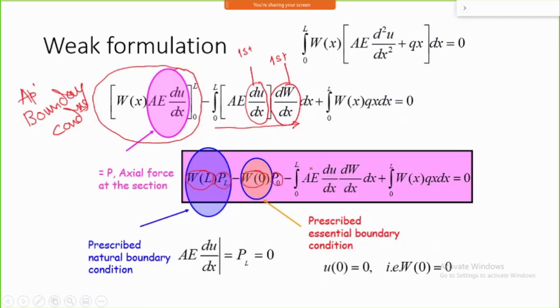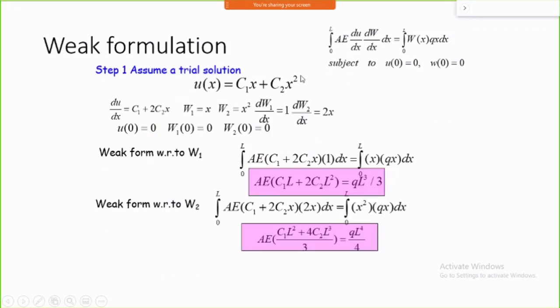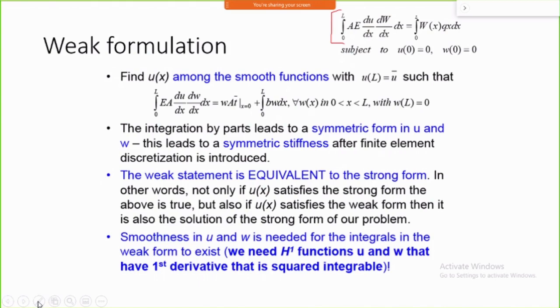In this weak formulation, you can just start with this. So we got 0 to L and something. Then the rest of the procedure is the same as we applied. We can directly use Galerkin's approach or any other approach to start with, and you can solve it. So here u of x is a smooth function such that integration by parts leads to a symmetric form, that is u and w.